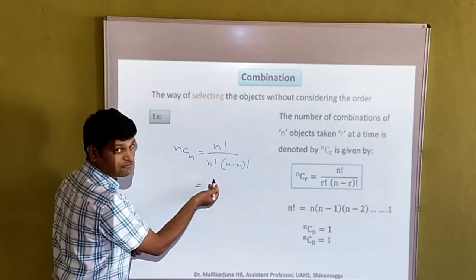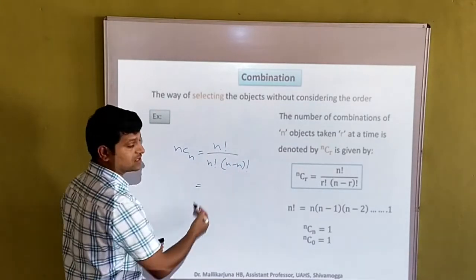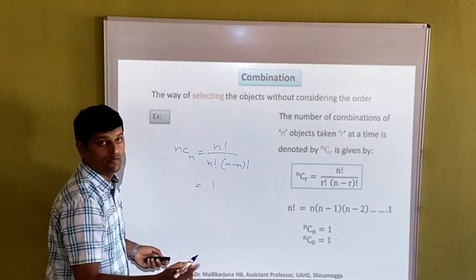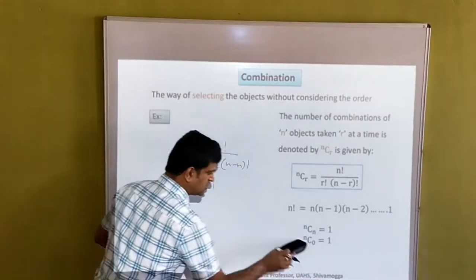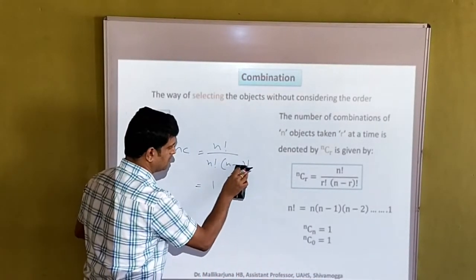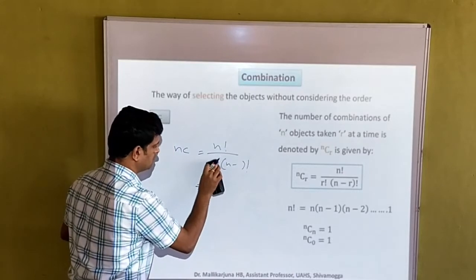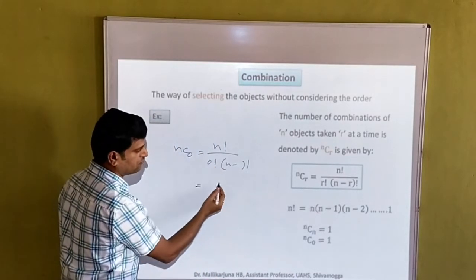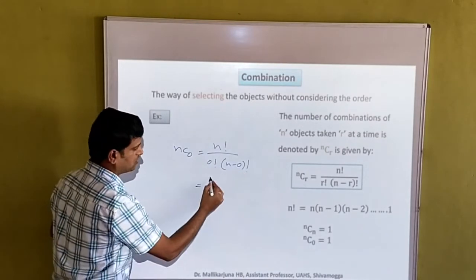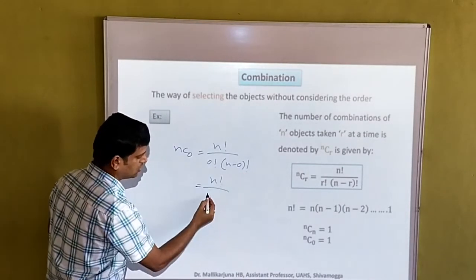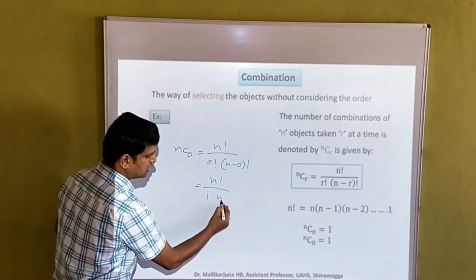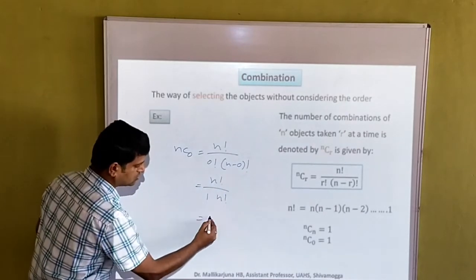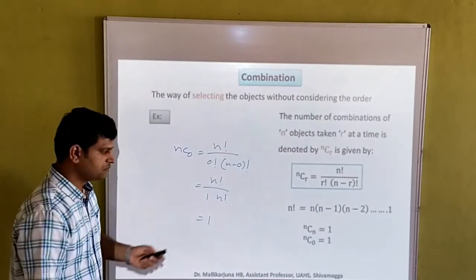So n factorial cancels, n minus n is 0 factorial, finally 1. Now nC0: n factorial divided by 0 factorial times (n minus 0) factorial. 0 factorial is 1, n minus 0 is n factorial, cancels, 1. These are the properties.